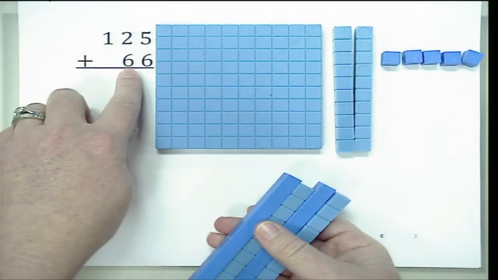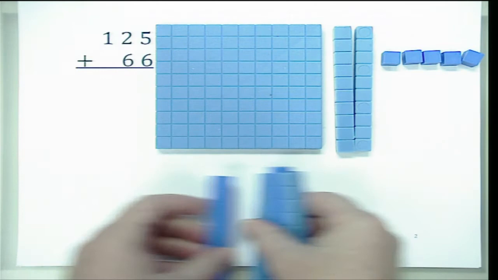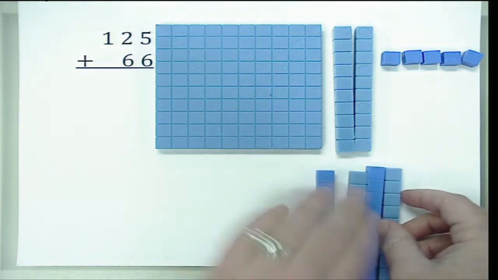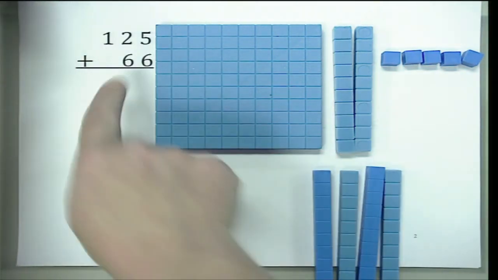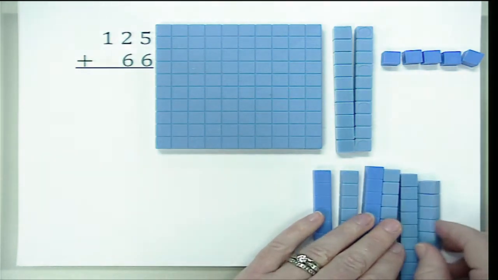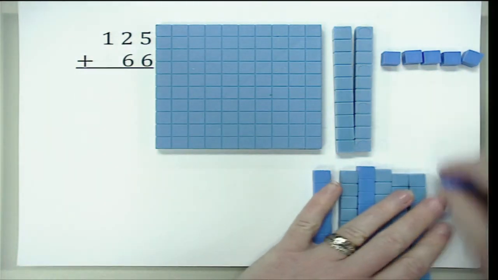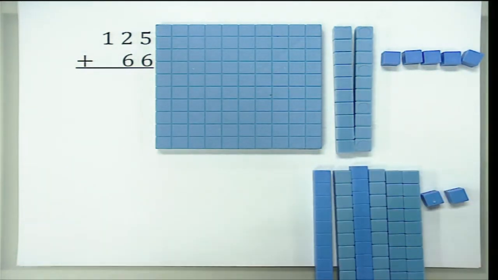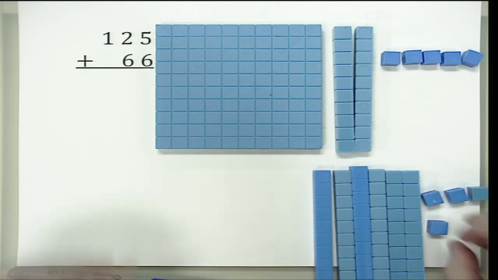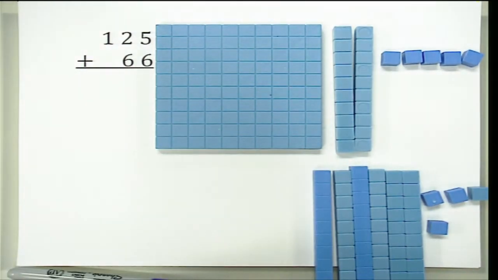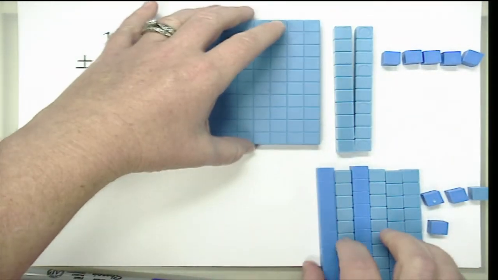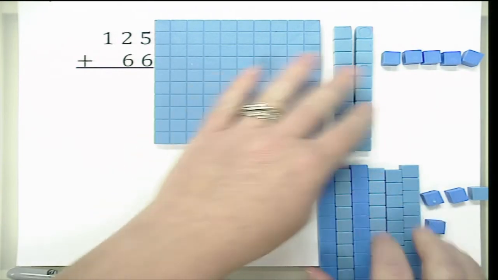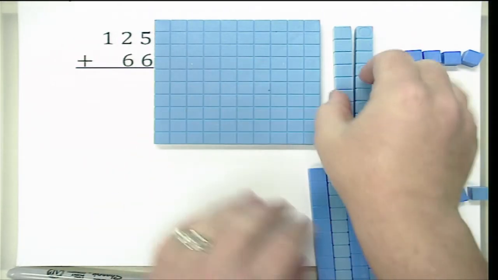So the next number here is 66, which is 6 10s and 6 ones. So again, I'm going to be adding, which means I'm putting together. So I'm going to put my 10s and my 10s together and my ones and my ones together.